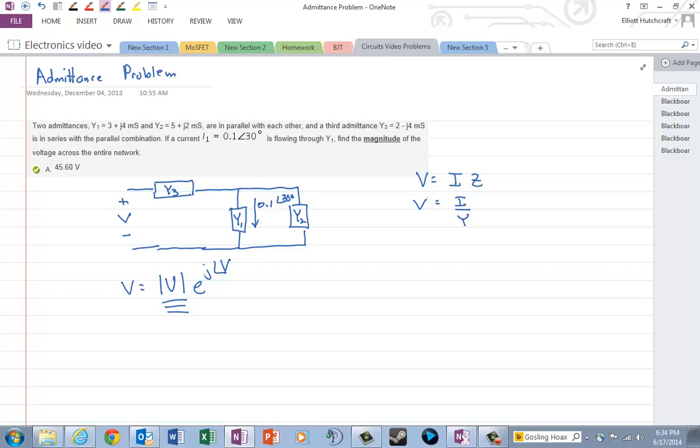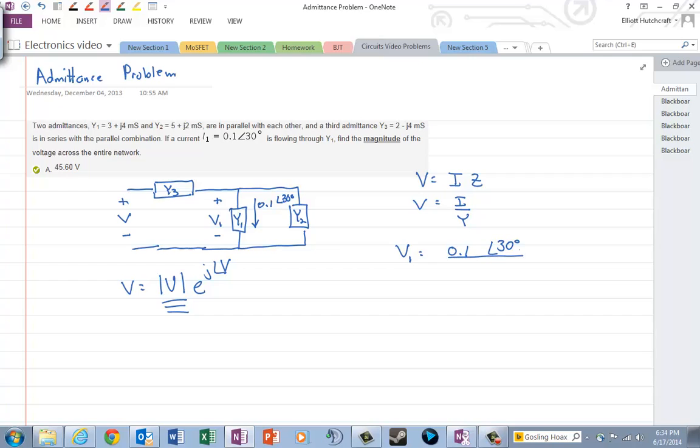So we know that we have 0.1 angle 30 through Y1, so we can find, I'll call this voltage here V1, and V1 is equal to then 0.1 angle 30 degrees.